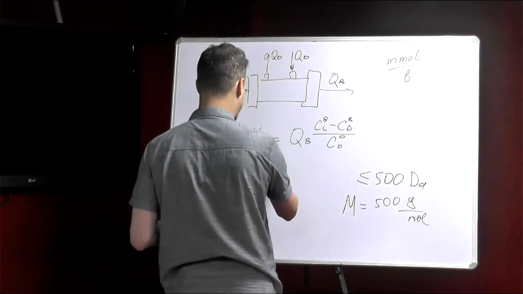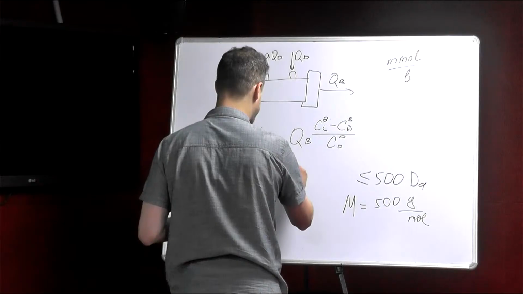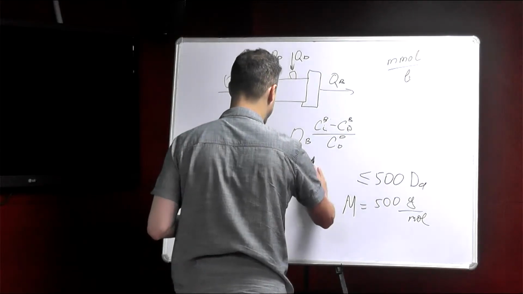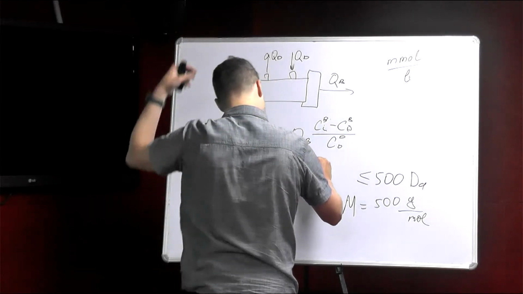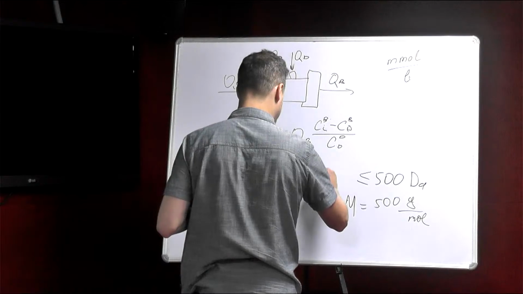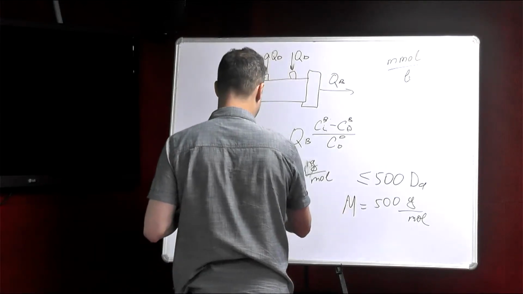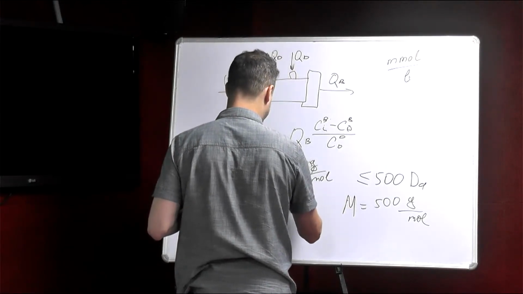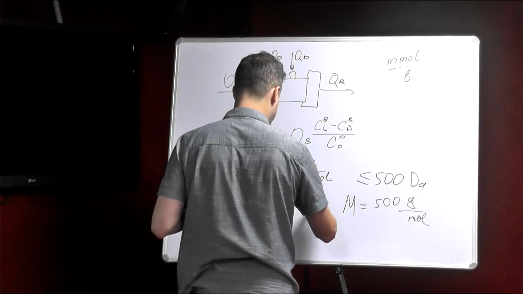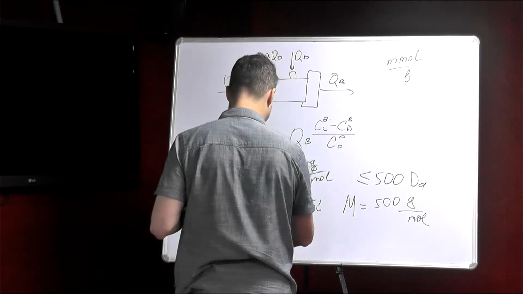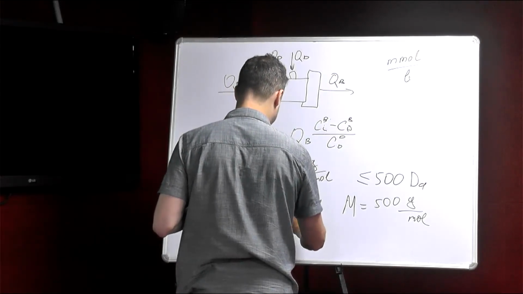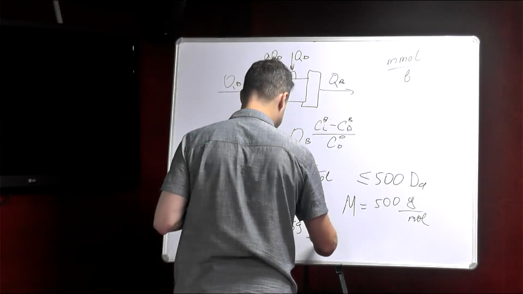So urea will be 60 daltons, or let's rewrite it in molar mass. Creatinine will be about 113. Uric acid will be 169 grams per mole, and so on.